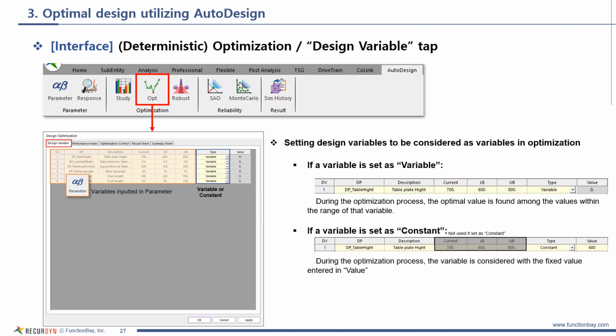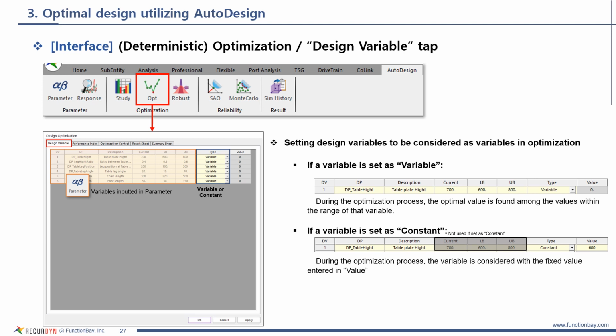Now, let us configure the optimization settings using the defined design variables and analysis responses set earlier. By clicking on the optimization icon labeled Opt, you can perform deterministic optimization. In the first step, the design variables will be displayed, which were previously entered in the parameter menu. You can set the type of each design variable as either variable or constant.